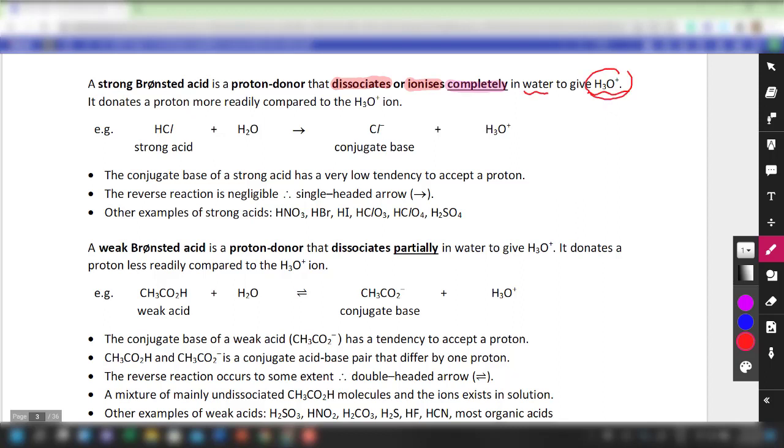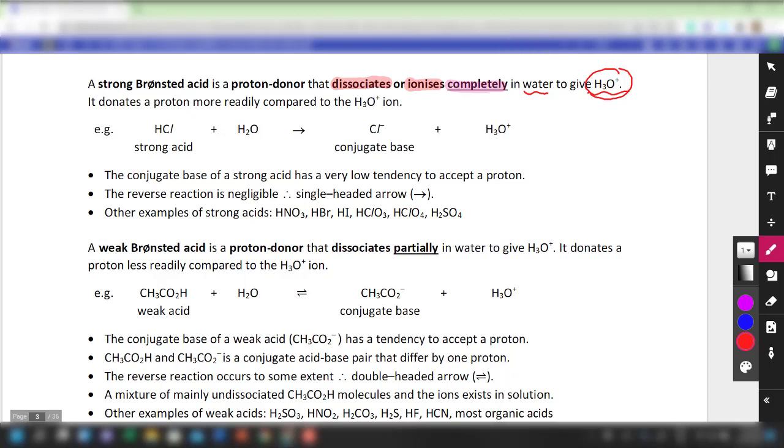When we have H3O plus over here, you might be wondering why it is not H plus but H3O plus. Well, H plus essentially is a proton, so it's actually not very stable. Actually, it's not stable at all. Of course we use H plus as a proxy for us to discuss a representation of an acid.